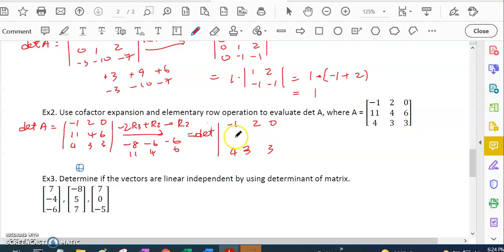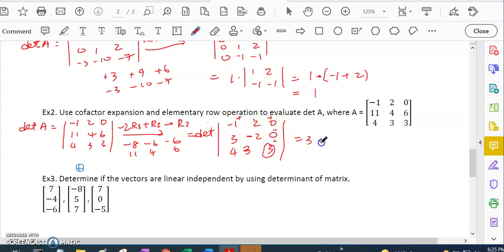But I replace row 2 by 3, -2, 0. Right? So now I have 2, 0, and this is the only one that is there. So I'm going to just do expansion. I could make it an upper triangular or lower triangular by doing this, but I'm going to just do expansion. So expand out of 3, which is plus, minus, plus, minus, plus.